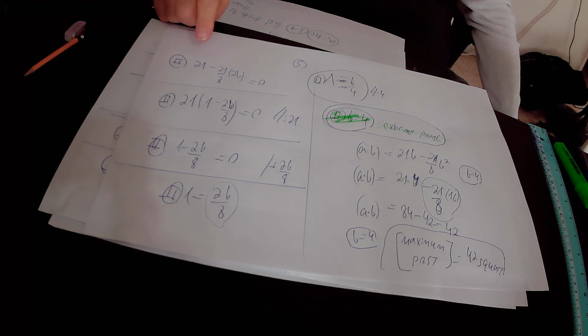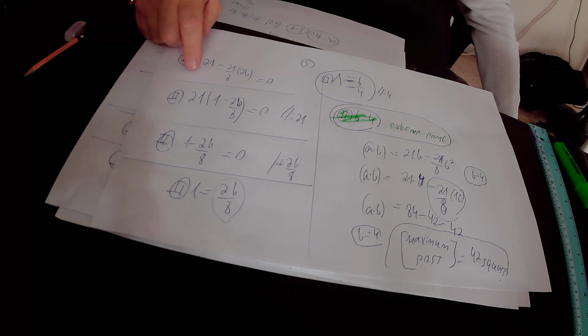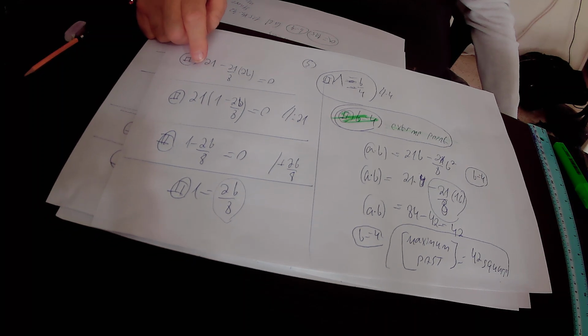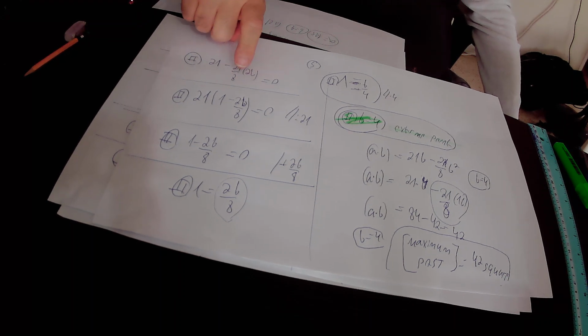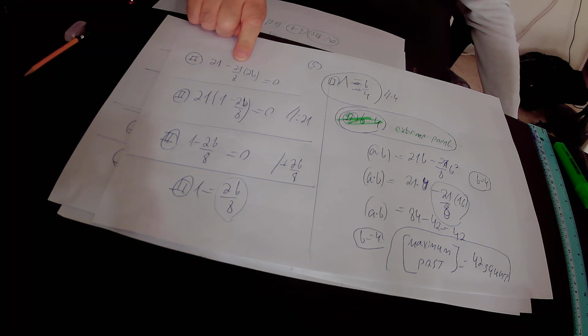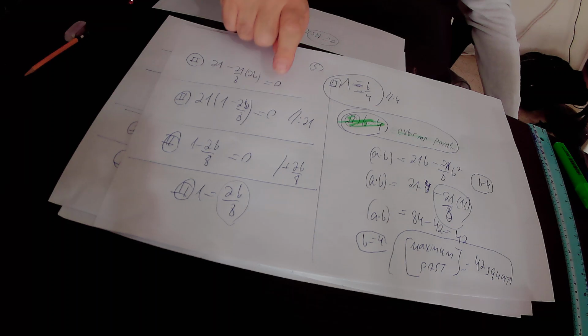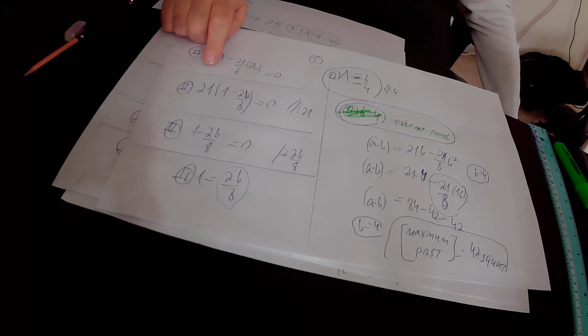What is left from 21 after we took away 21 as a common factor is 1. And what is left from the other expression is minus 2b over 8, and it equals 0. So here we divided this equation 2 by 21.